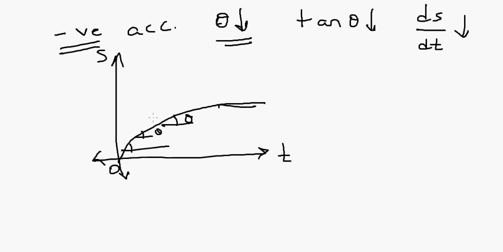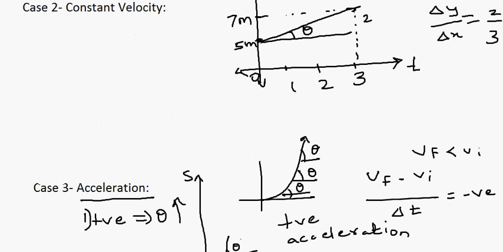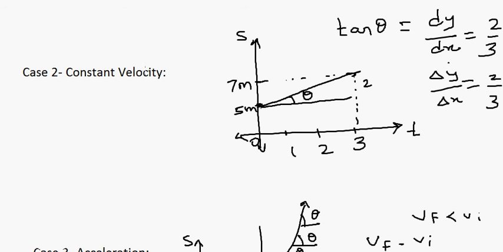Okay, and one more thing I forgot to mention: the constant velocity graph. This is the case when the velocity is increasing. If the velocity is decreasing, it's just going to be the same, but it's going to go down.